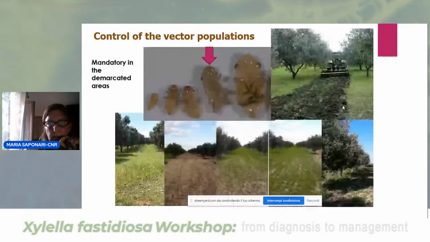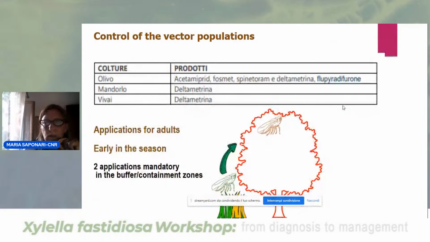Whereas for the control of the adults, although it is very challenging, because the adults live for more than 3-4 months, during which they can represent a risk of being infective, what is mandatory in the demarcated area is at least a couple of treatments early in the season, before the insects reach the olives and can become infective.